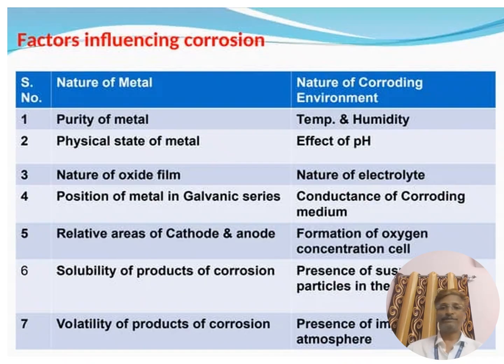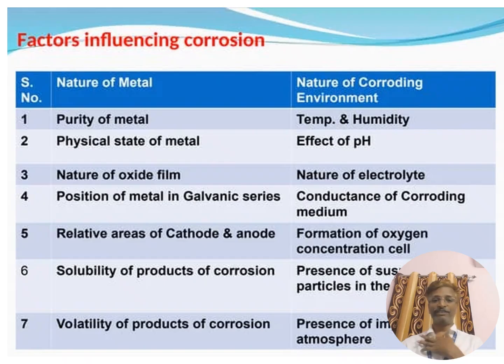Another aspect is the environment. What kind of environment is your metal in? The first basic one is temperature and humidity. If the temperature increases, obviously the rate of corrosion will increase. Then the effect of pH: in an acidic medium, the corrosion takes place very quickly.